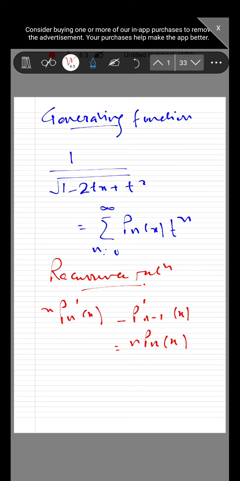The second recurrence relation is P dash_(n+1)(x) minus P dash_(n-1)(x) is equal to (2n plus 1) P_n(x).